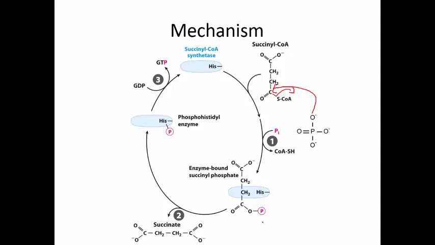So what's actually going to happen is a histidine in the protein is going to take the phosphate, breaking this bond, and releasing succinate. And then we have a phosphorylated histidine, and then GDP can come in, take the phosphate off the histidine, and then we're back where we started.